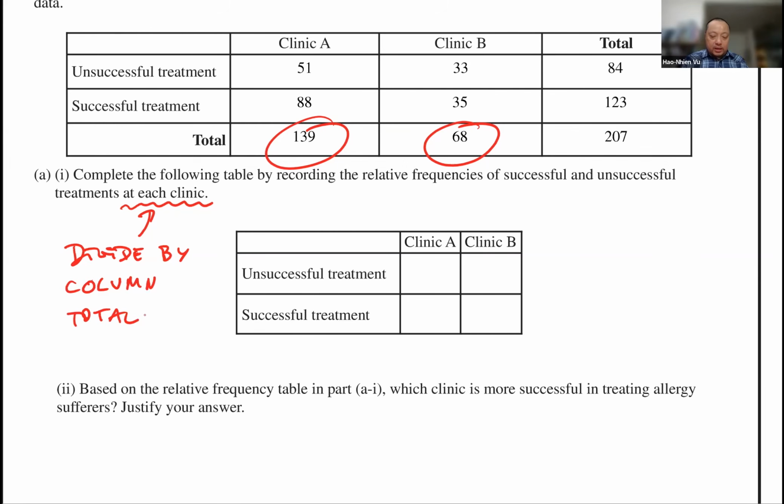So in the A column, we're dividing by 139, and in the B column, we'll divide by 68. So this would be 51 over 139. That's 0.367, and this is 0.633. And over here would be 33 divided by 68.